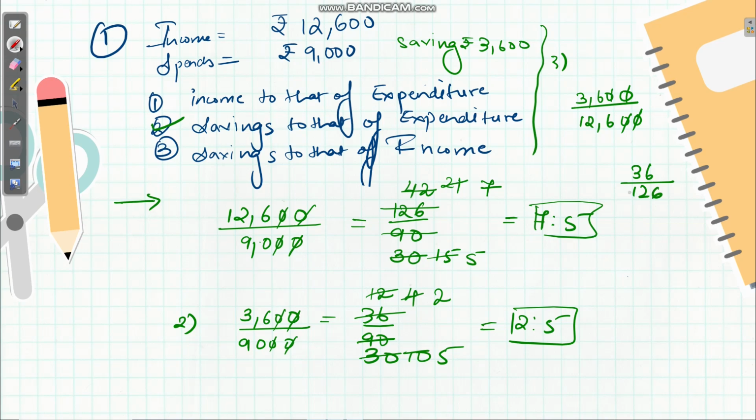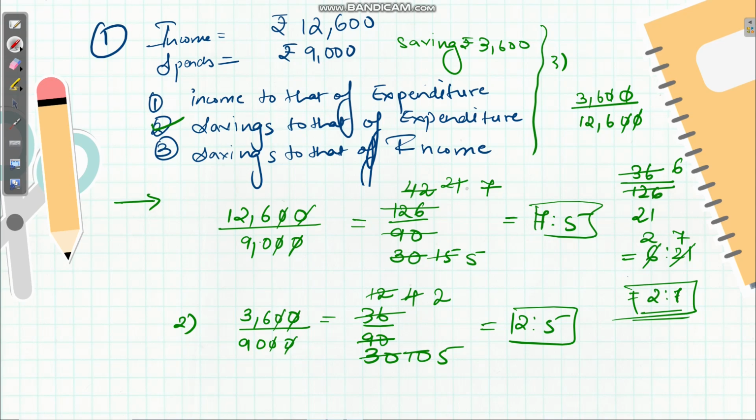You can easily divide this number by 6. 6 sixes are 36, 6 twenty-ones are 126. You will get 6 is to 21. Can I further divide it by any number? Yes, you can divide by 3, 2 and 7. So the answer is 2 is to 7.